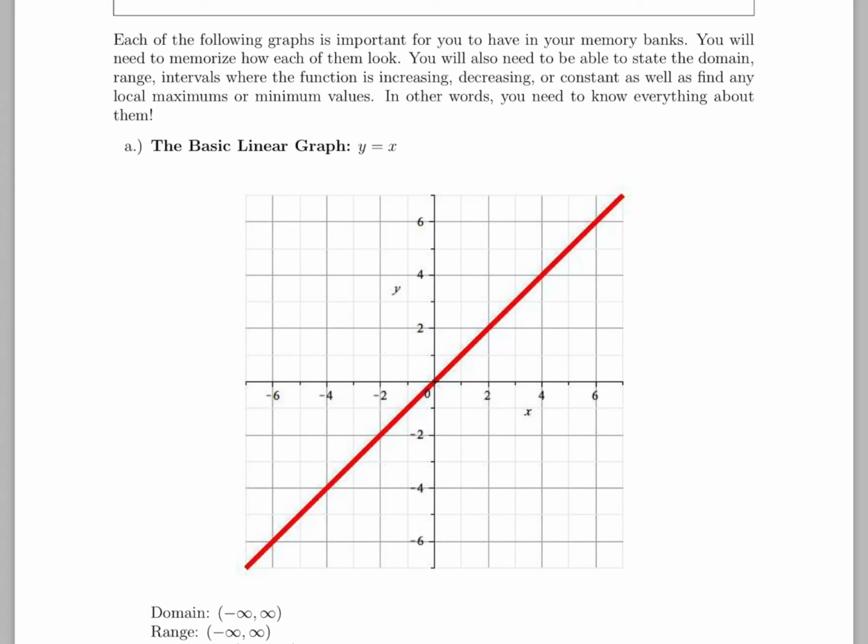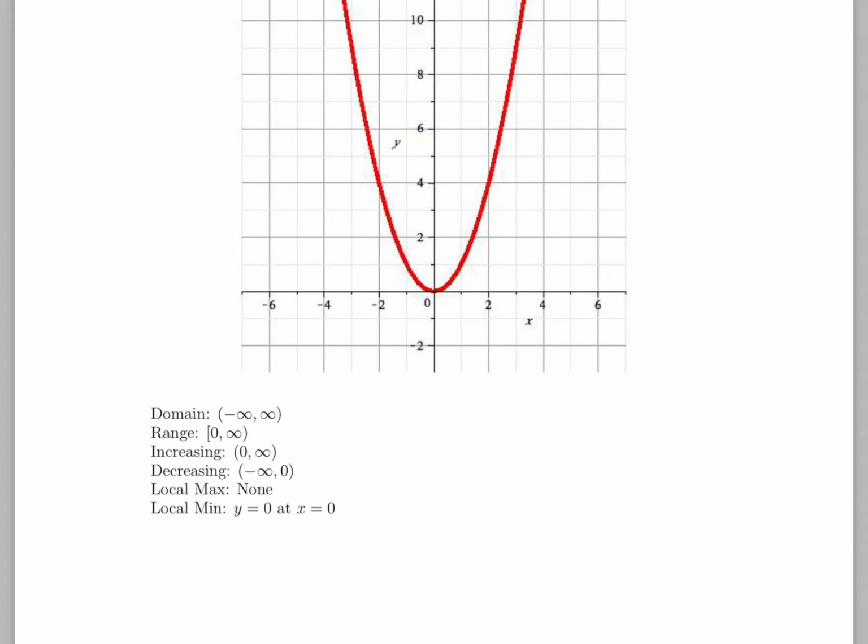It's not decreasing anywhere because it has this positive slope, and it has no local maximums or local minimums. Because we don't include any endpoints, it is constantly increasing. There is no point where we're going to get a local maximum or local minimum.